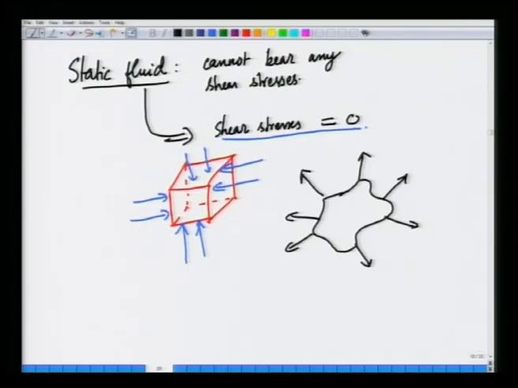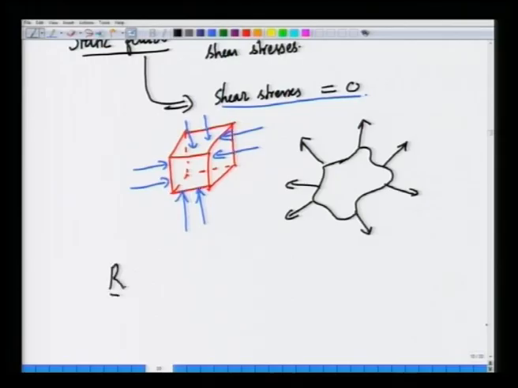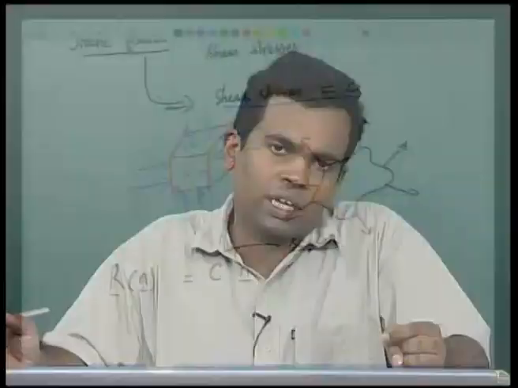So, R of n in a static fluid, since R is a vector and it is purely in the direction of the normal, must be some constant times n. R is a vector, n is a vector, and this constant is a scalar. In general, quantities of physical interest can be classified as scalars or vectors.